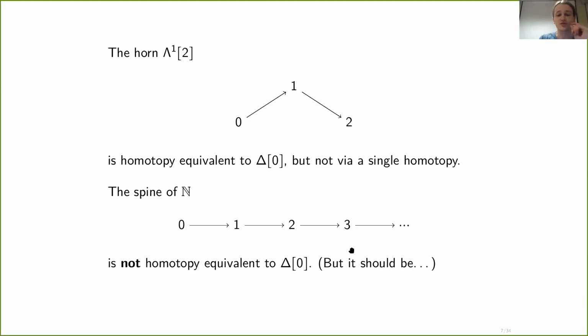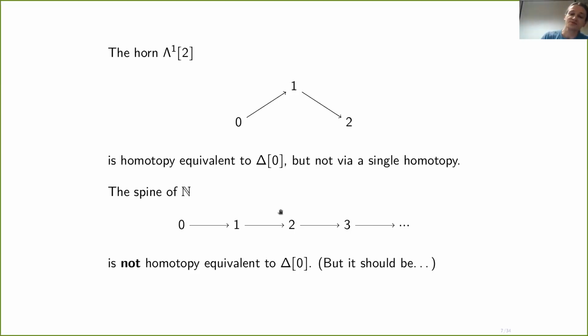So this one is in fact not homotopy equivalent to delta zero at all, because if I try to contract it to any point, then I cannot connect all other points to this chosen point by a homotopy of bounded length. I can connect any point to any other point by paths, but they will be arbitrarily long.